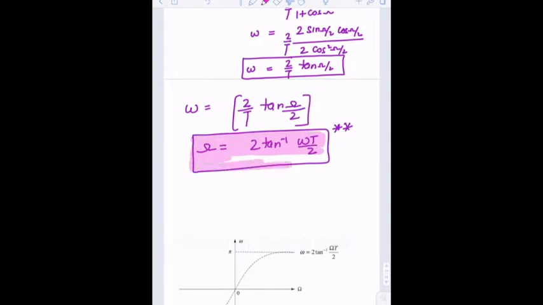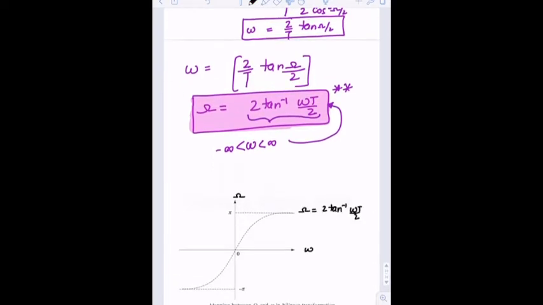Now as we know, omega varies from minus infinity to infinity. If I put omega values from minus infinity to infinity, then this tan inverse will only give me values from pi to minus pi. This is the plot between the digital frequency and the continuous frequency.